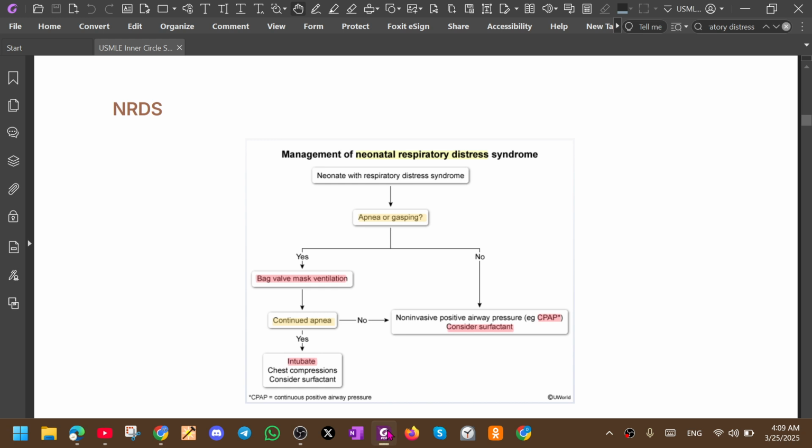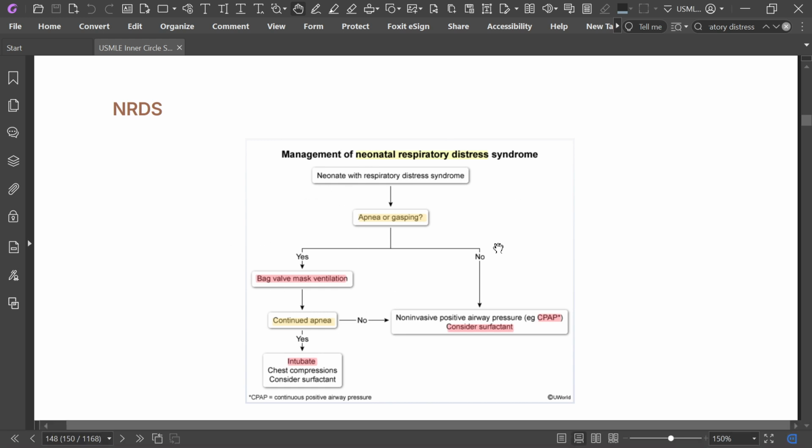Now look at here, neonate with respiratory distress syndrome. If apnea or gasping is no, then non-invasive positive airway pressure or CPAP, or consider surfactant. If apnea or gasping is yes, bag valve mask ventilation.